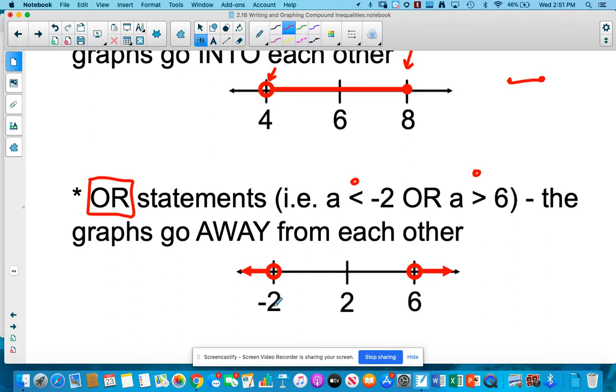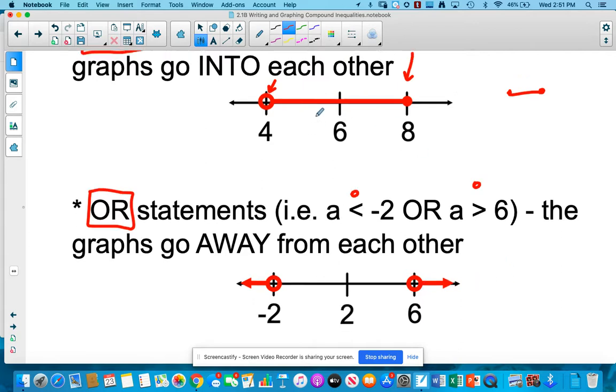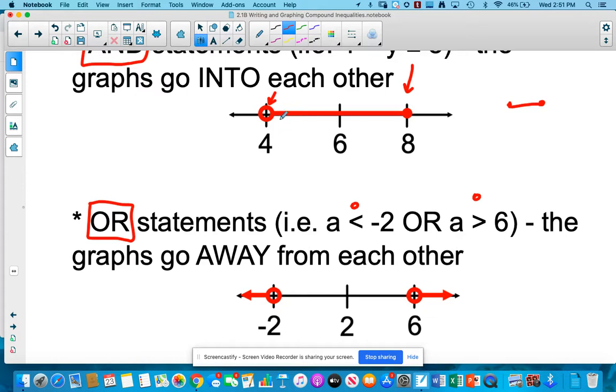Okay, notice my smaller number, larger number, and the graphs go away from each other, meaning all of my answers are less than -2 or all of my answers are greater than 6, as opposed to all of the correct answers up here being greater than 4 and equal to or less than 8. So that is where your and statement comes in, and this is where your or statement is. This or that.